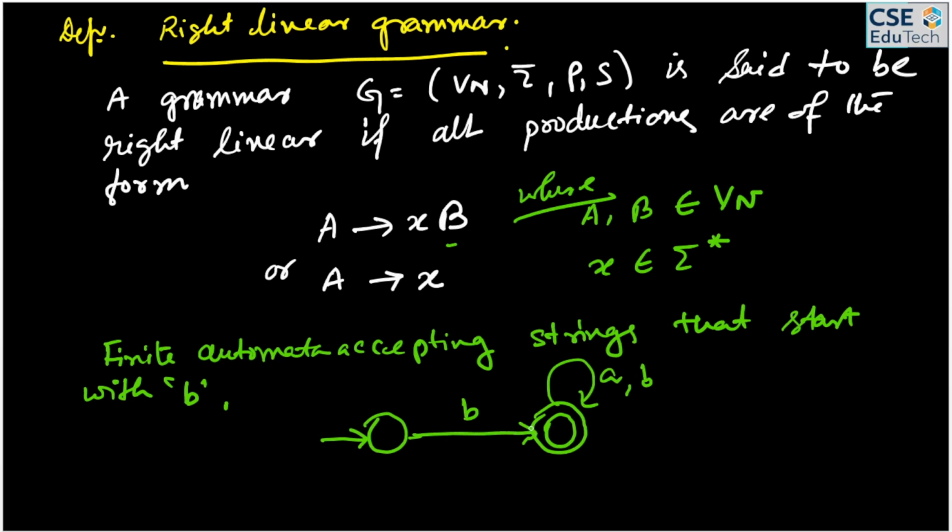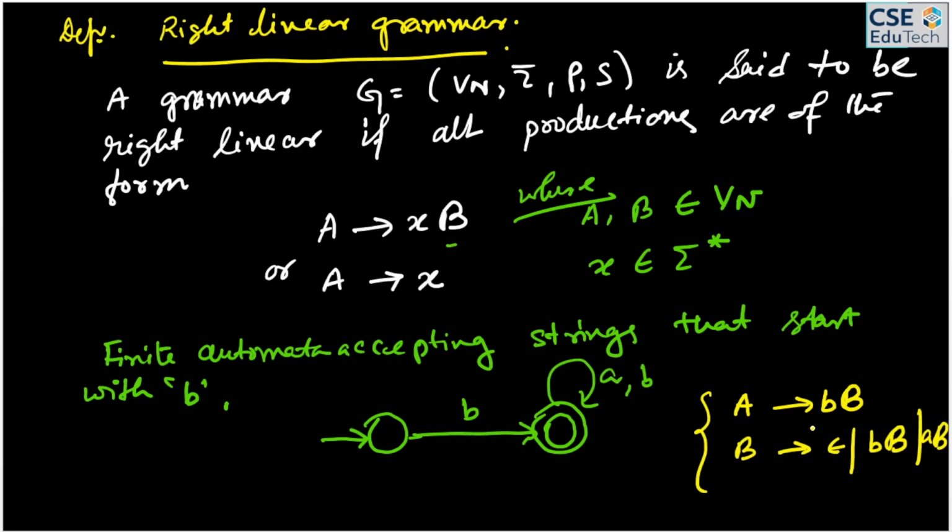Now, what will be the grammar production rules for this? The production rules will be A to B, and B to epsilon, BB, or AB. Now using these production rules, all the strings that start with B will be accepted.